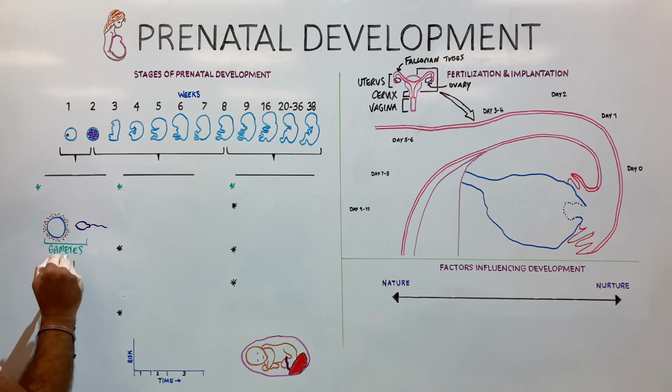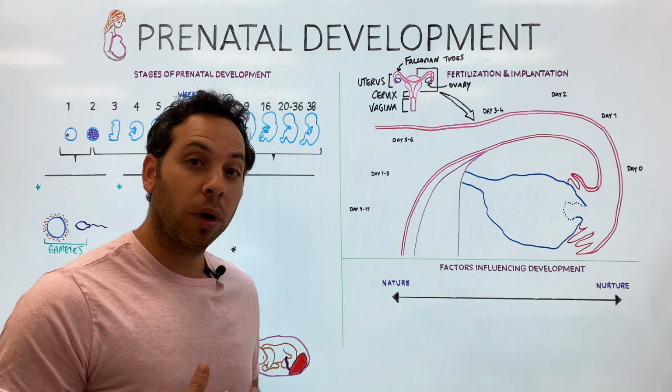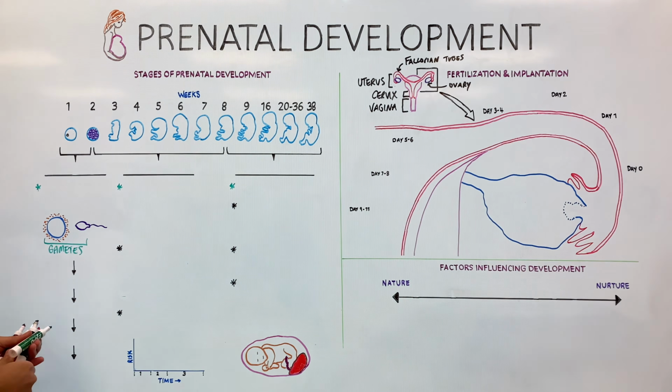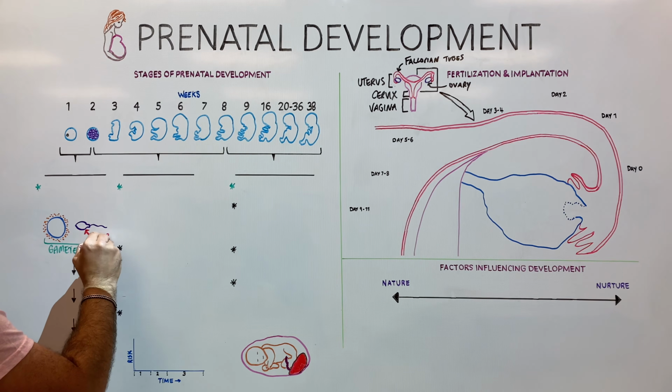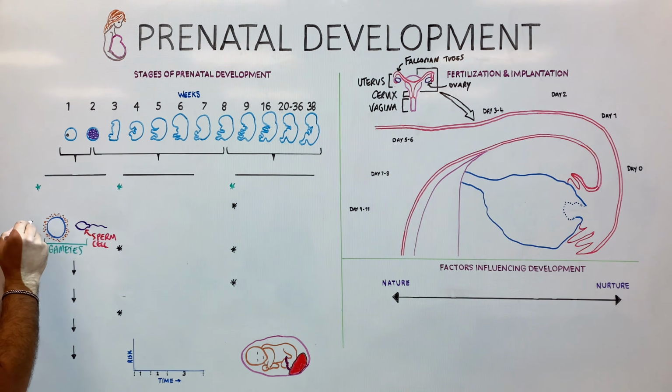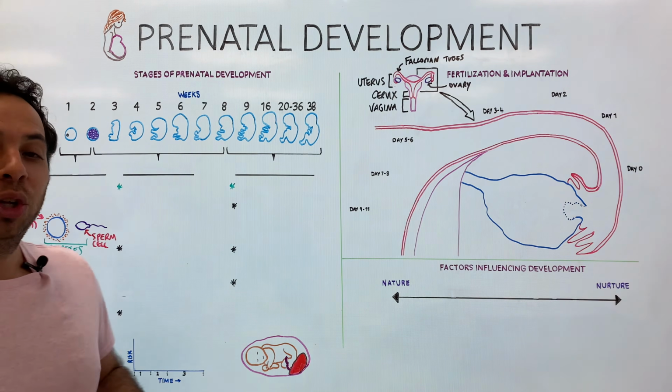Gametes. And they are different depending on if you are male or female. So, for example, the male gamete would be what we call a sperm cell, and in the female, this would be called an egg, okay, or ovum. All right, so that's the gametes that are going to be needed to create life.